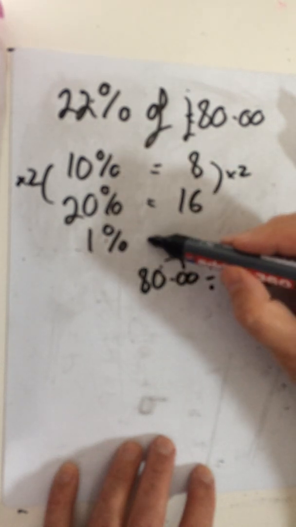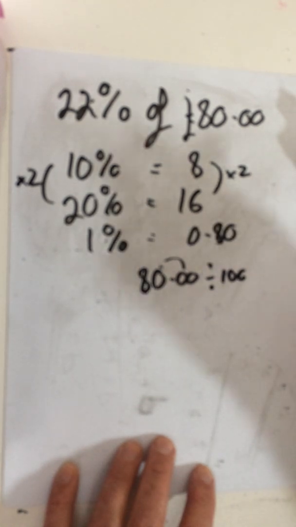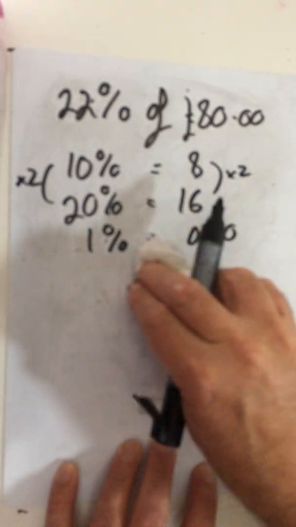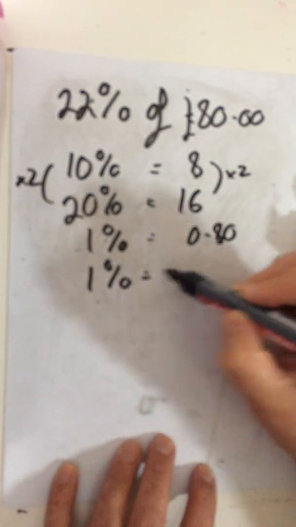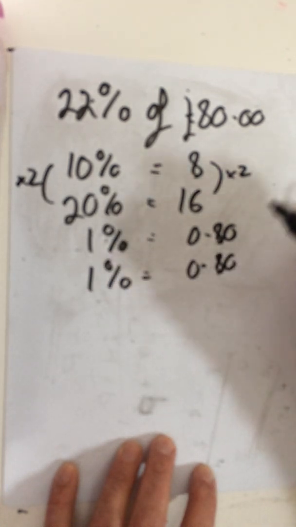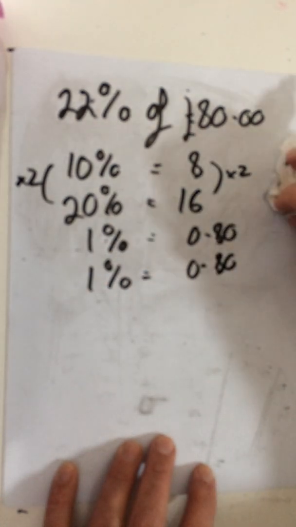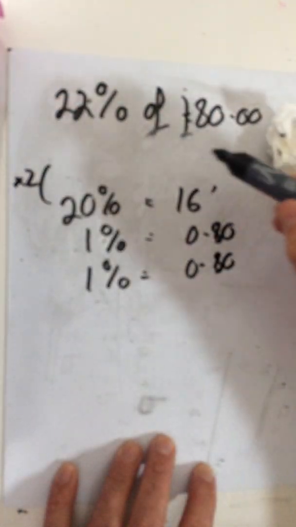So actually that becomes 80 pence, £0.80, and 80 pence is 1%. Then I found the other 1%, which I know is also going to be 80 pence.